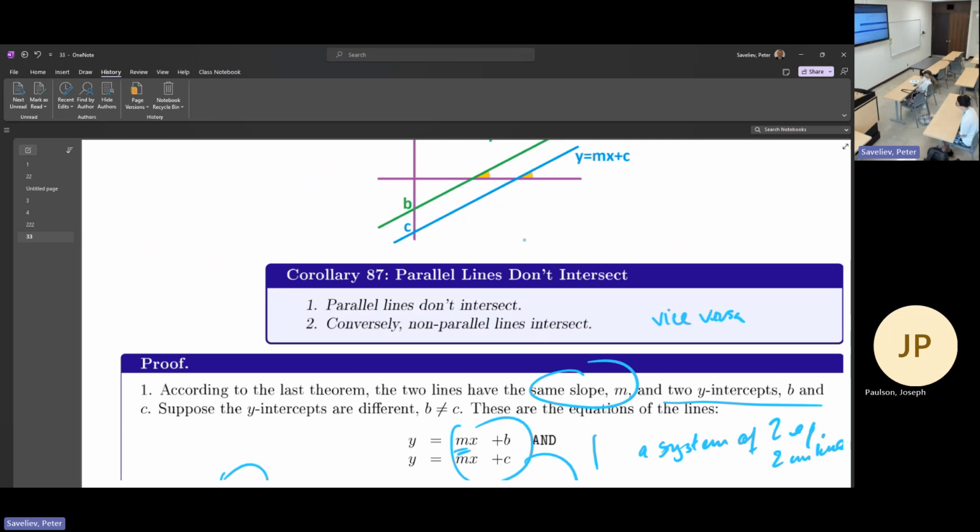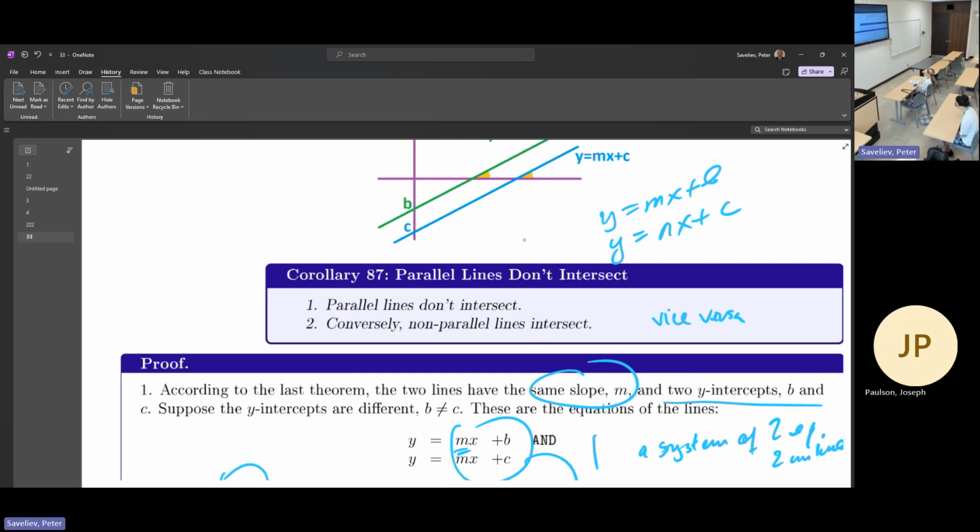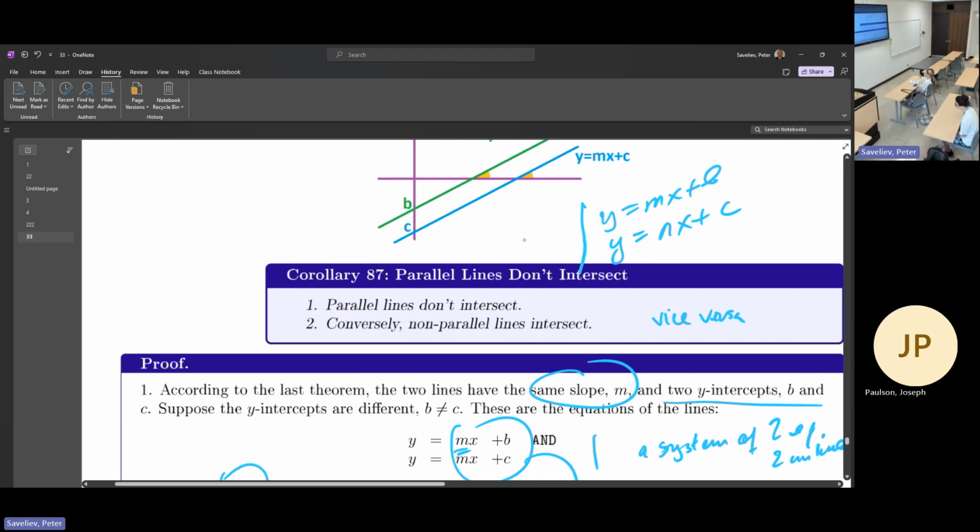We actually should be able to find it in the literal sense. We write the two equations, y equals mx plus b, and y equals nx plus c. As you can see, m and n now, the lines are not parallel, which means their slopes are different. m and n are different slopes, and now we're doing the same thing, but in the opposite direction.